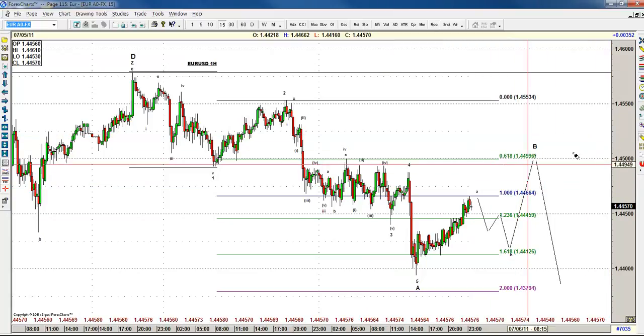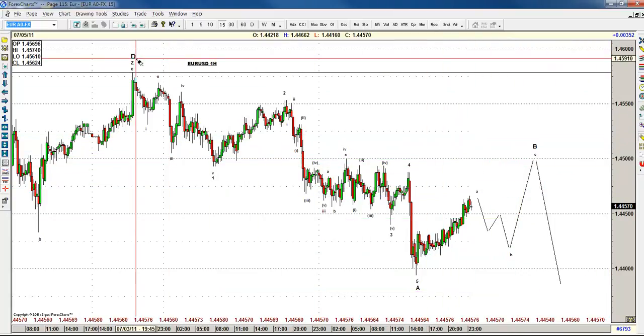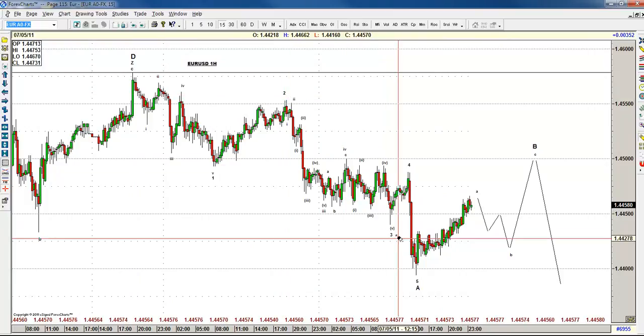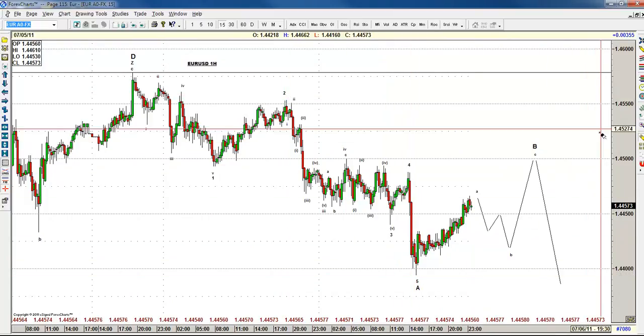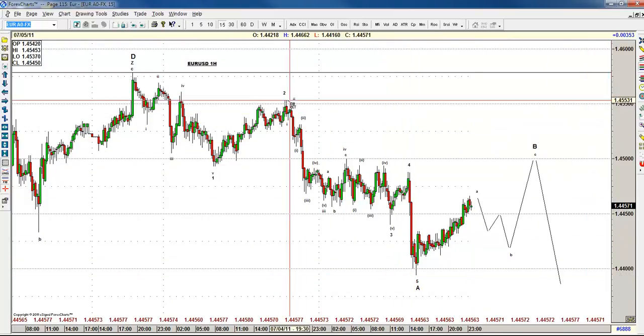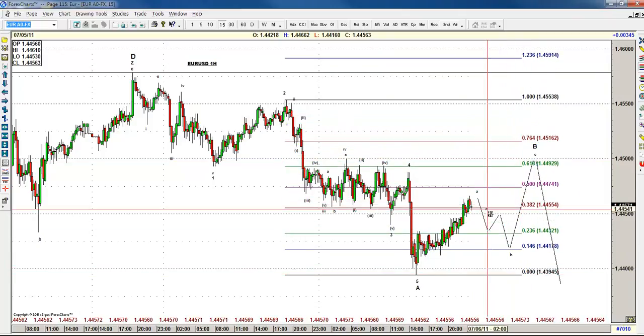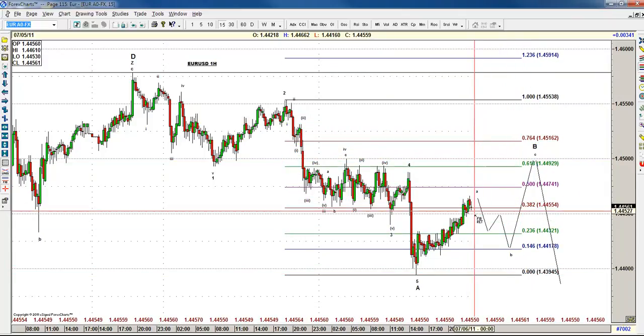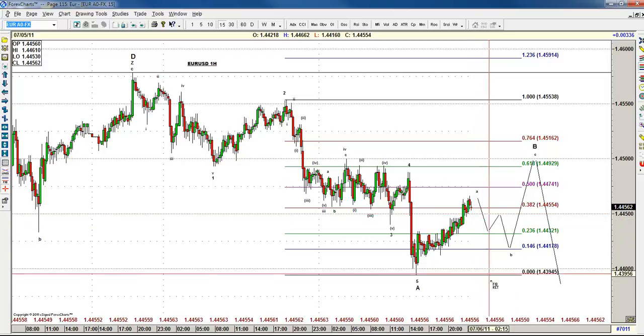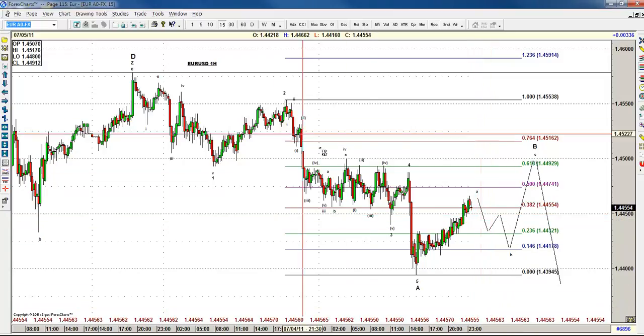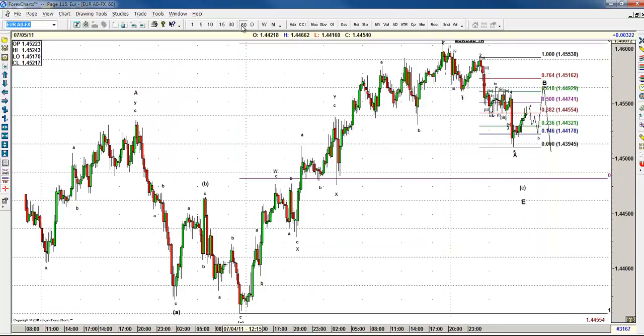Now, which one is the alternative? The alternative is 1, 2, 3 ending here, and then returning to around the current levels, look, which is the 3802, going lower from here in the 5th wave. That's going to make my life a lot more comfortable.